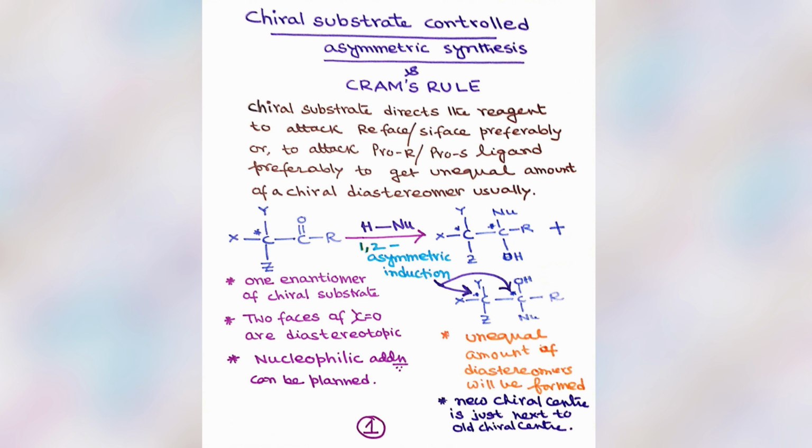I mean we will have two adjacent chiral centers in the product, and which diastereomer will predominate will be exclusively determined by the chiral center which is present in the substrate. Because the new chiral center is generated next to this chiral center, this method is called the 1-2 asymmetric induction.